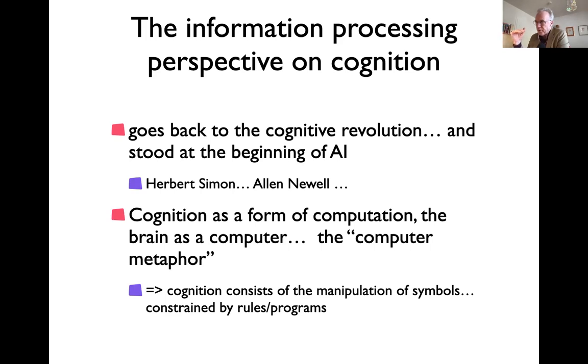While the information processing people in that sense were at the algorithmic level, and they talked about computation really in the sense of manipulation of symbols constrained by rules, programs, algorithms. Symbol processing, cognition as manipulation of symbols, that's a definition you will find in Alan Newell's famous book, for instance.